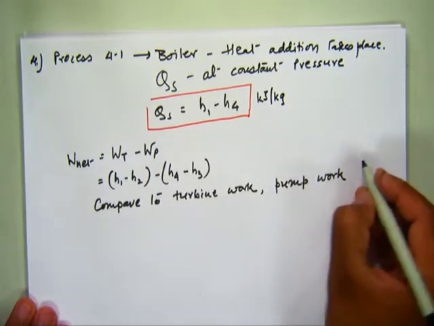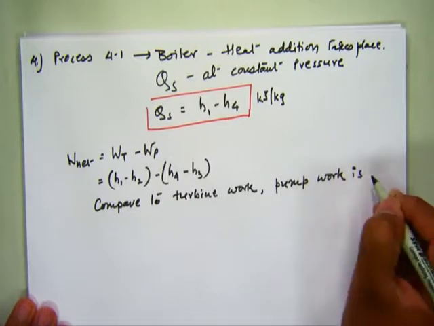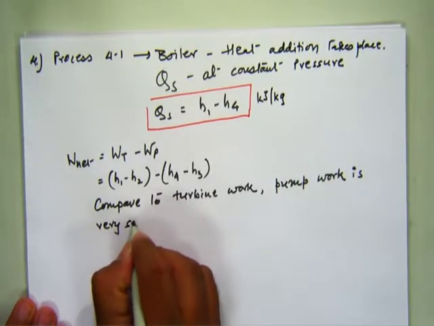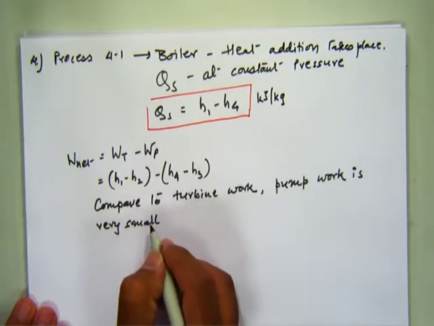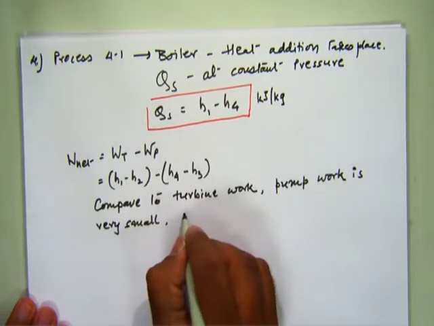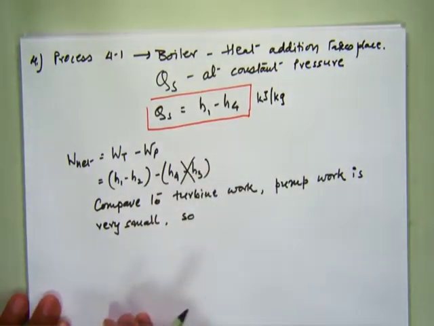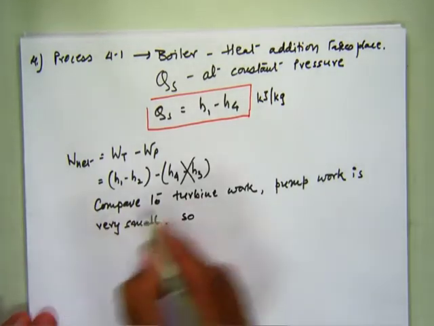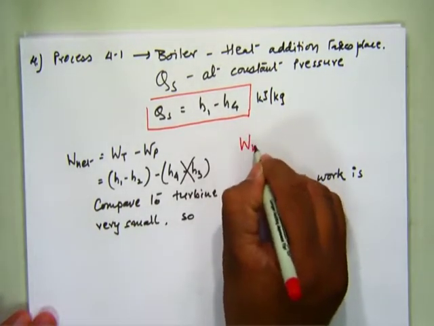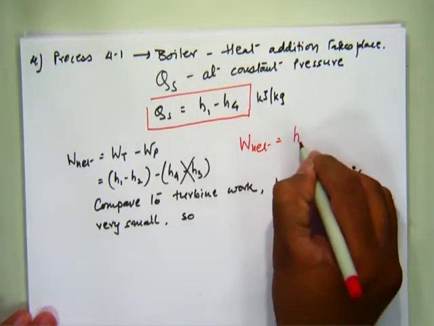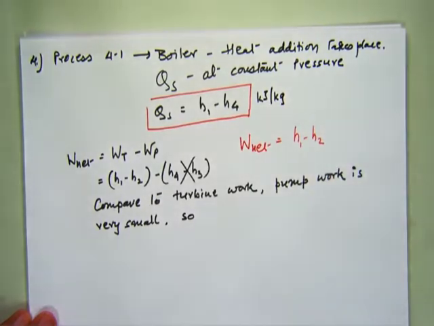Pump work is very small, so neglected. So W net you can take it as H1 minus H2.